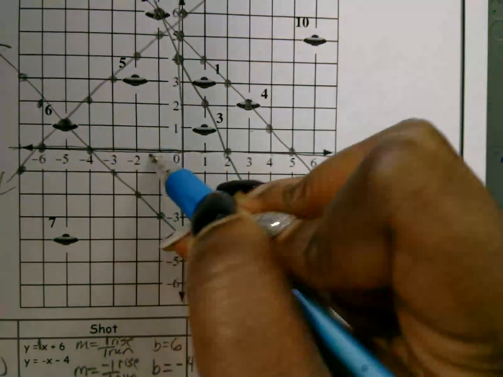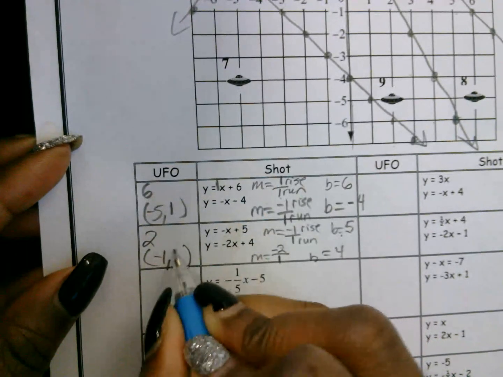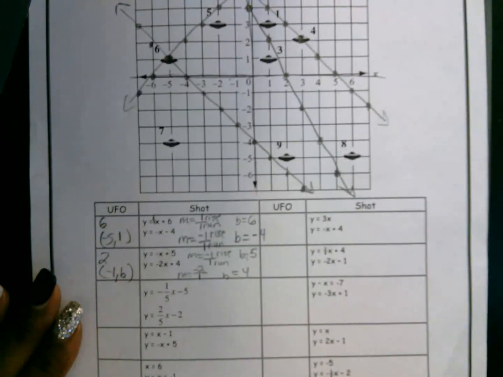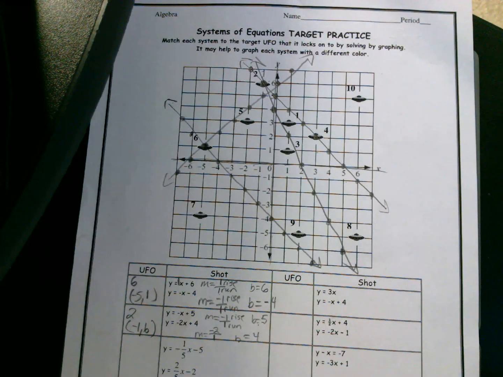So -1 and +6. UFO 2 is the answer for the second one.